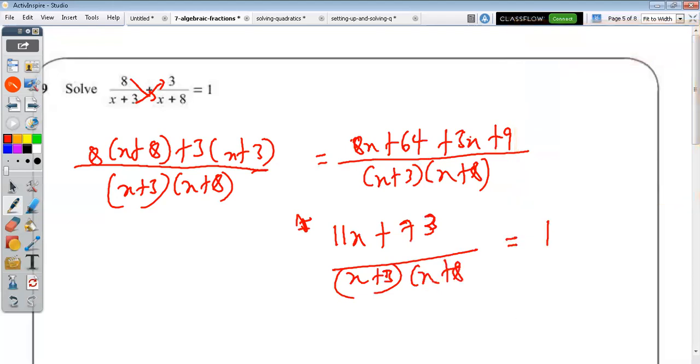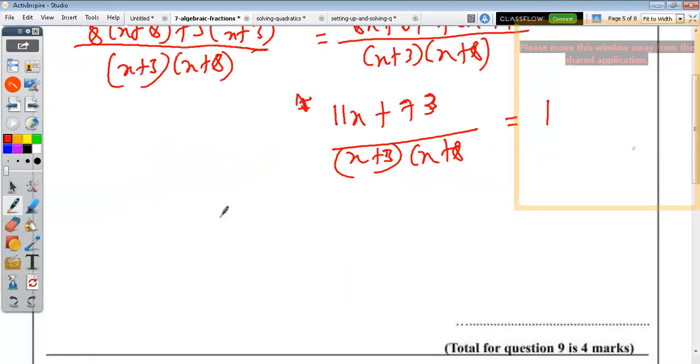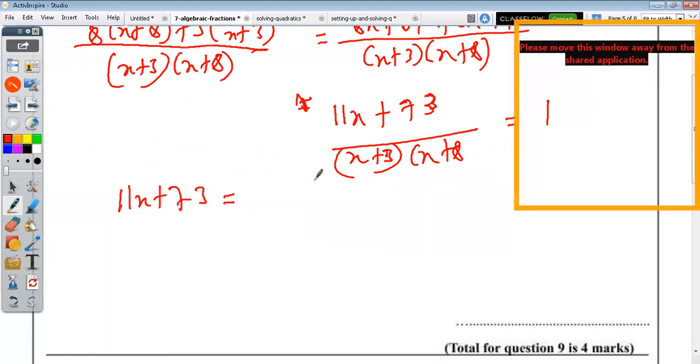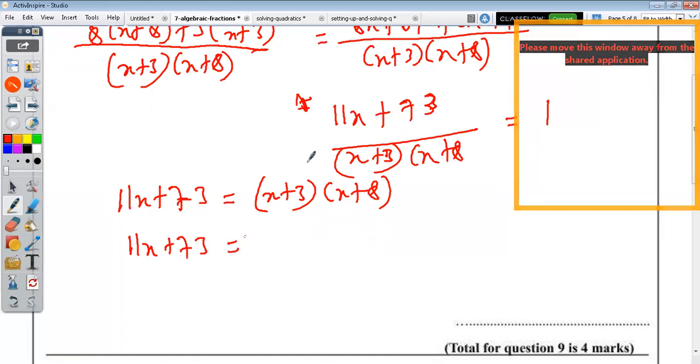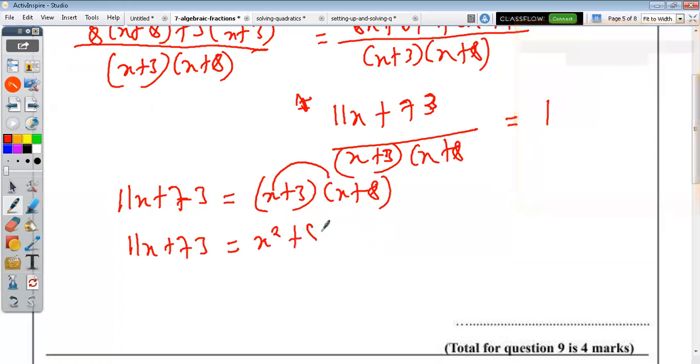We simply have combined the fractions. That is equal to 1. Now cross multiply, so you end up having 11x plus 73 is equal to, since 1 does not change anything, x plus 3 brackets x plus 8. Clear? Let's remove the brackets: x times x is x squared, plus x times 8, plus 8x.